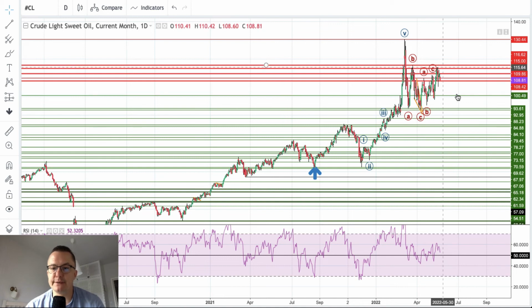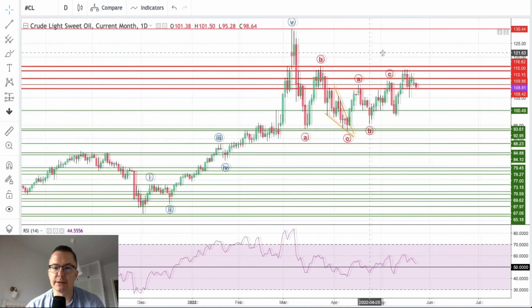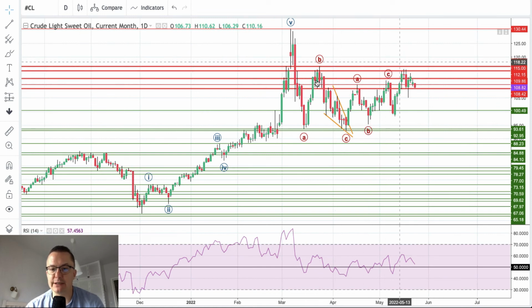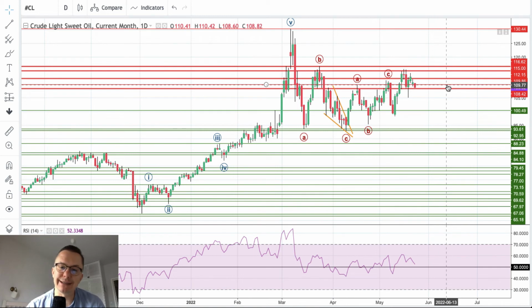Maybe there will be an extension in this sideways market to the right. What I mean is that it might take a little bit more time. Maybe not this week, maybe not next week, for the market to come off this level and break below $95-93 per barrel.